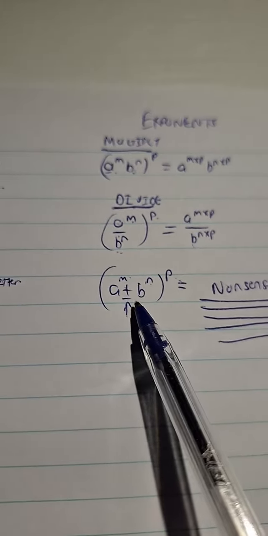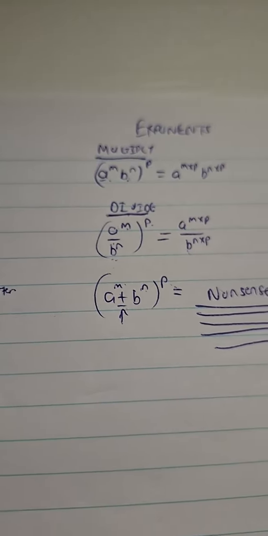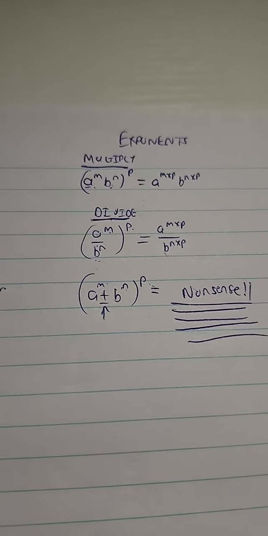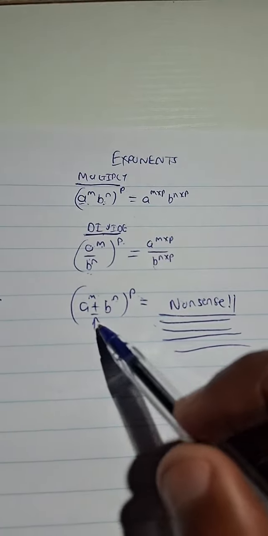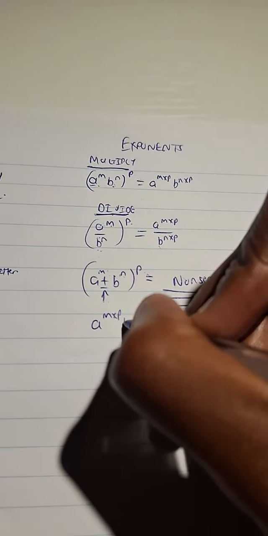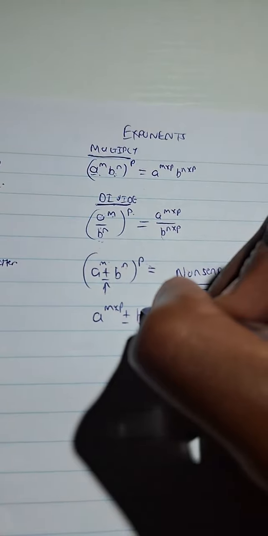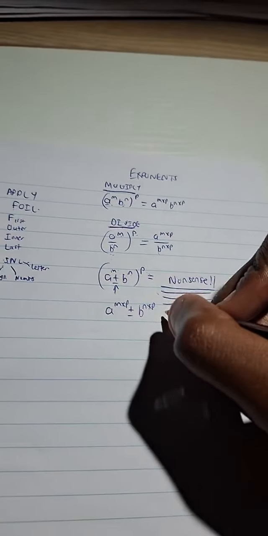It does not apply when there's a plus and a minus sign between the bases. It is nonsense to apply it when there's a plus and a minus sign. So we don't do this for plus and minus sign. This here, guys, is wrong.